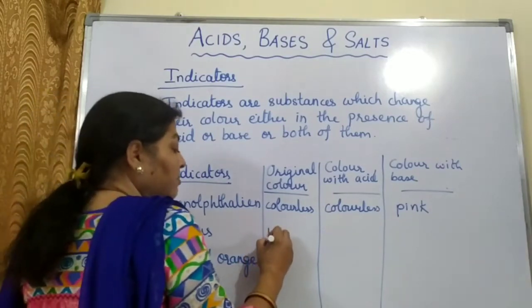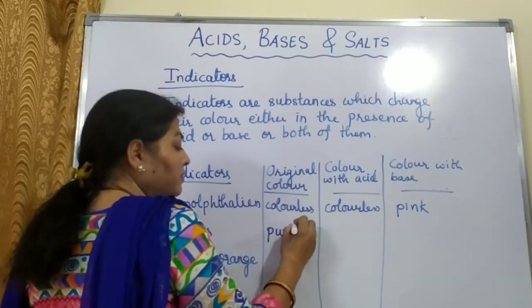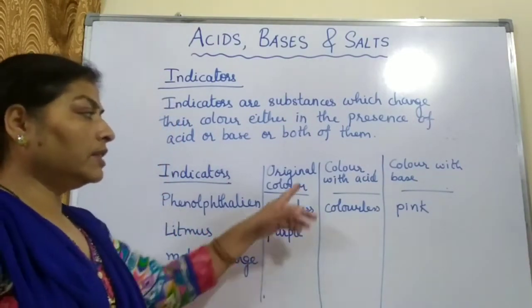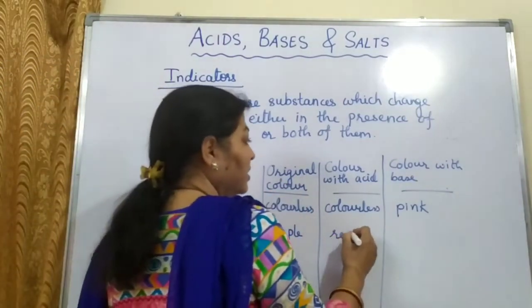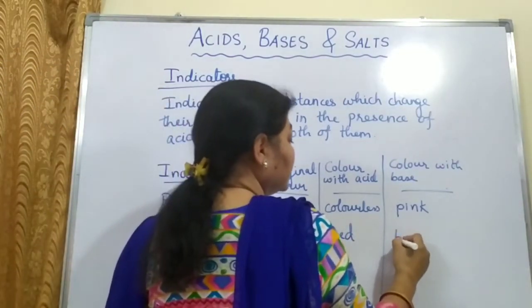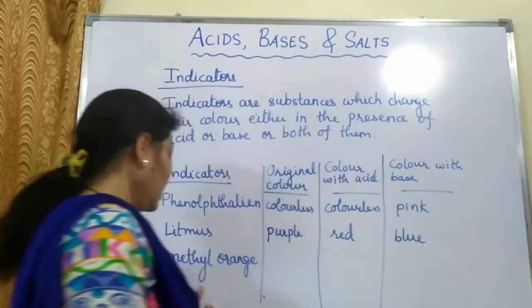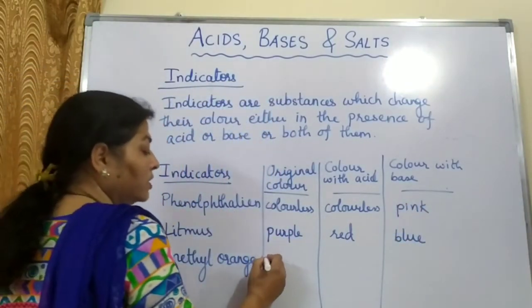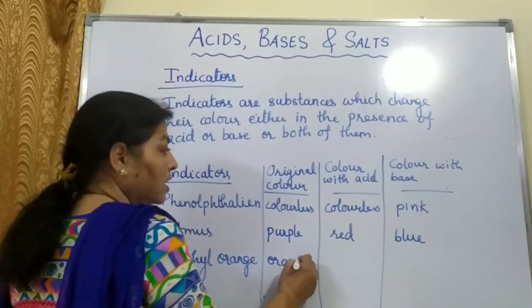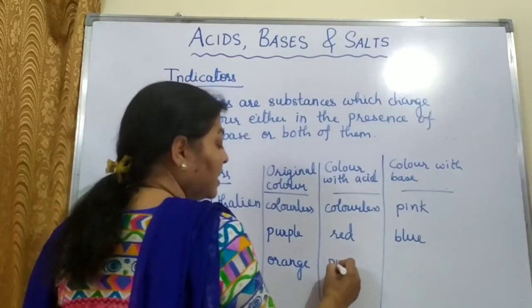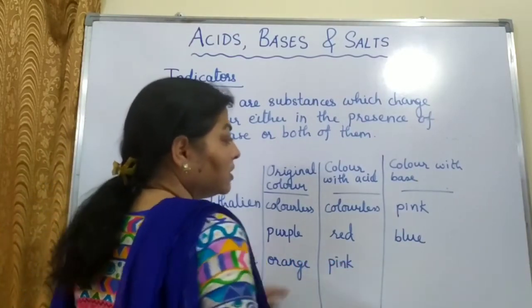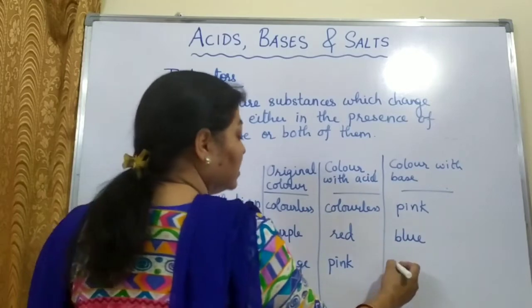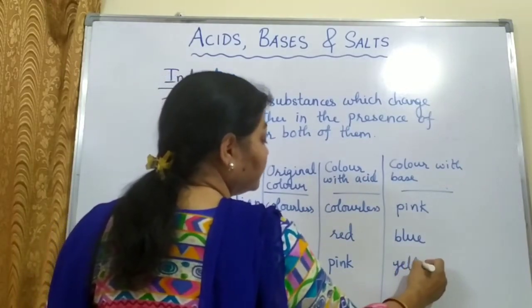Other one is litmus. Litmus has a purple color, and with acid it becomes red, and with base it becomes blue. And then methyl orange, its original color is orange, and with acid it becomes pink or red, and with base it will be yellow.